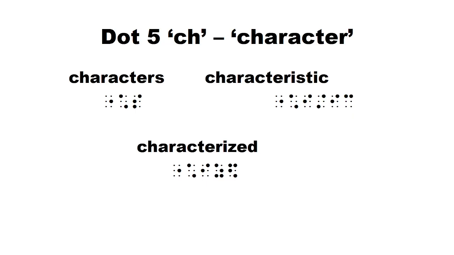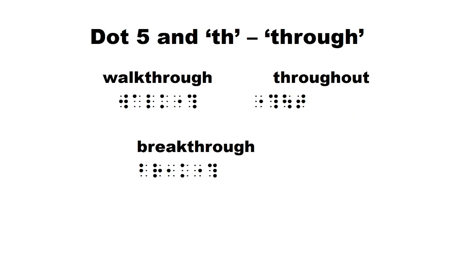So that's how we're able to save cells and also enhance our reading and writing speed with the contraction for character, which is a two-cell contraction consisting of dot 5 on the first cell and the strong contraction for CH.